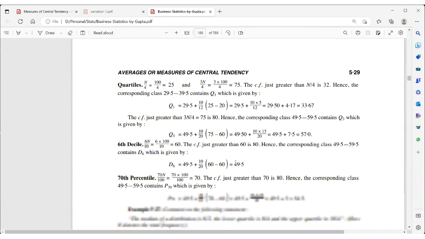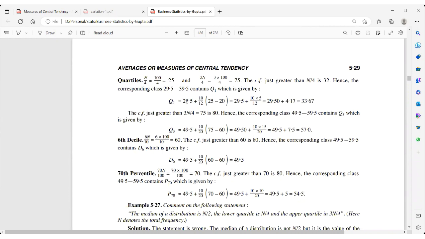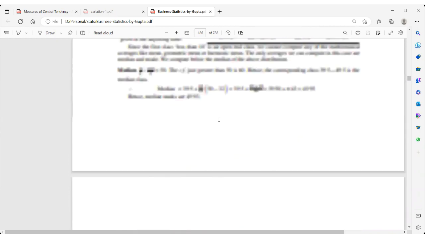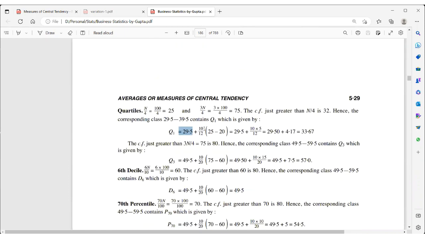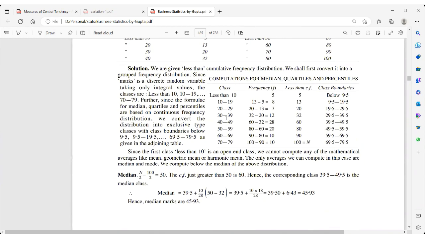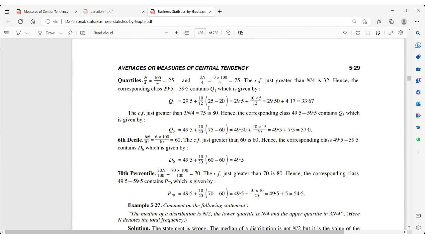Now, see, for the Q1, L is 30, H is 10, that is for all cases. Frequency F is 12, and the capital C is 20. This is n by 4, 25, and this is the value of capital C, 20. On solving, we get this value, fine.